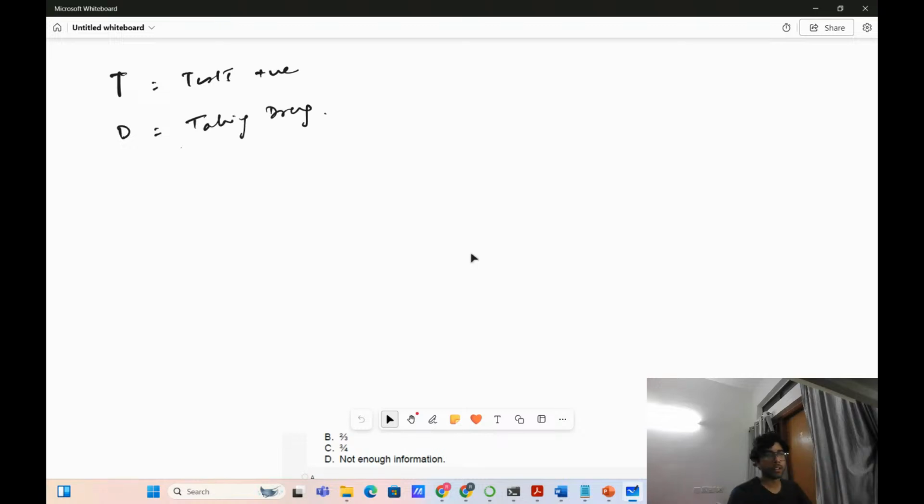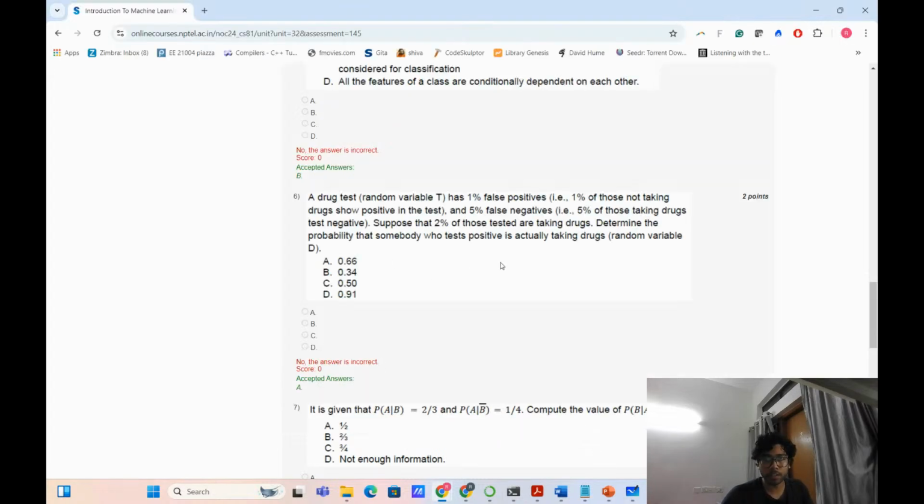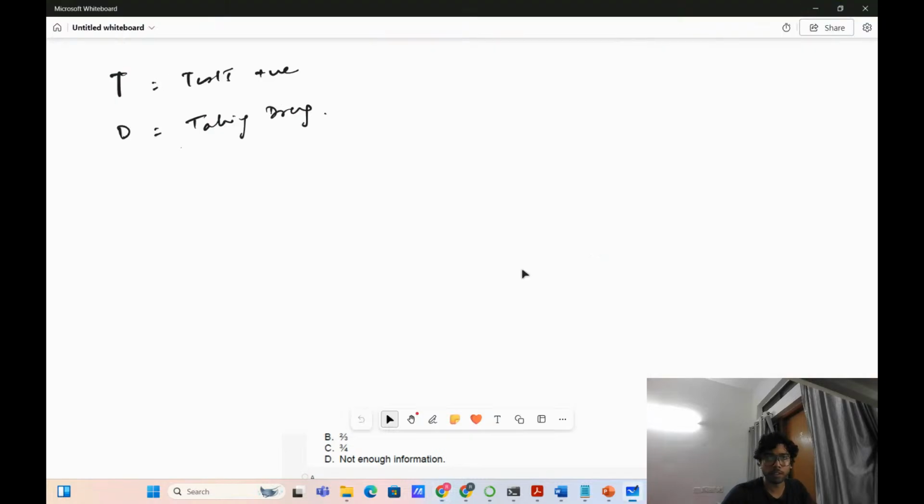Now you have to see what you have to calculate first. Based on these events, you want to calculate the probability that someone who tests positive is actually taking drugs.